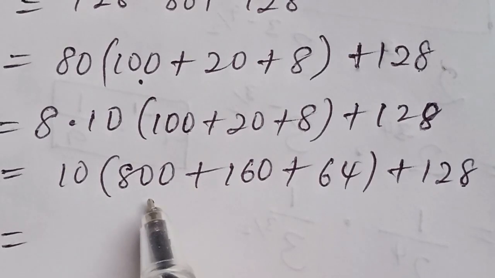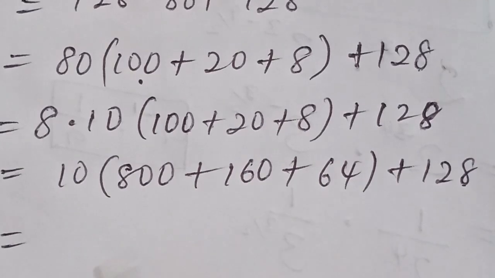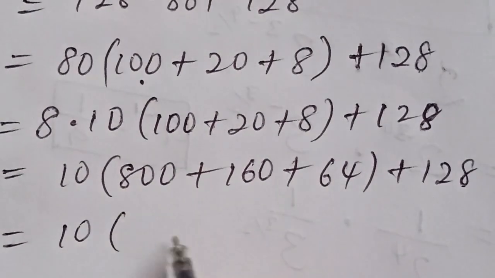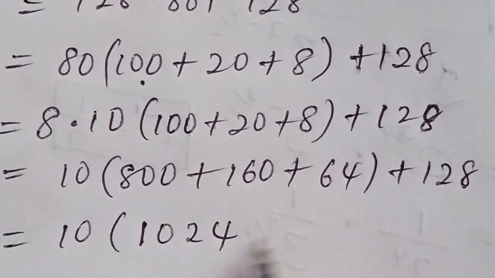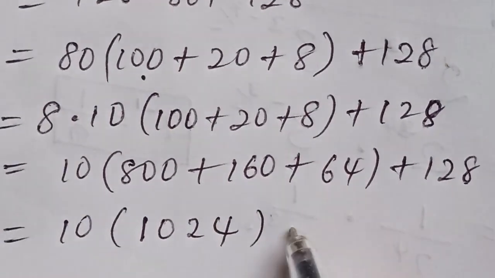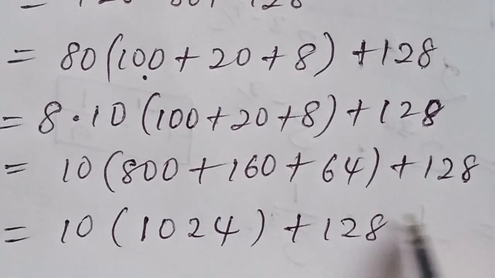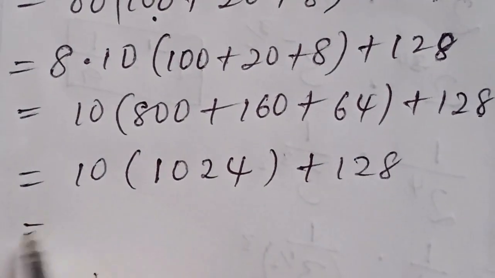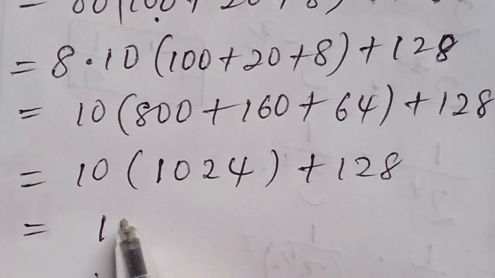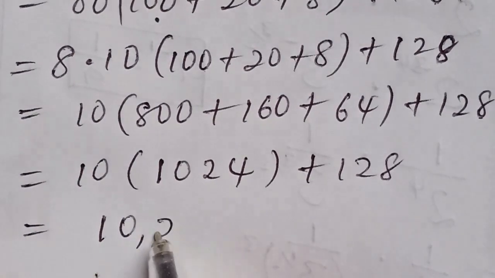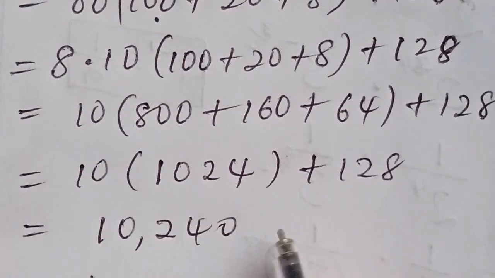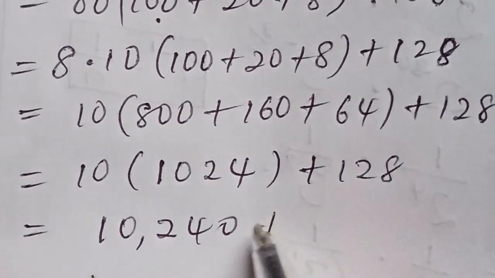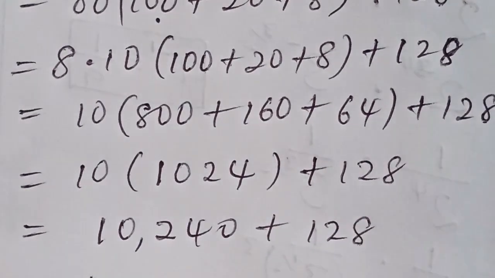Now from here, if we add the whole of this together, we have 10 into bracket 1024, plus 128. If we multiply this, we have 10240 plus 128.